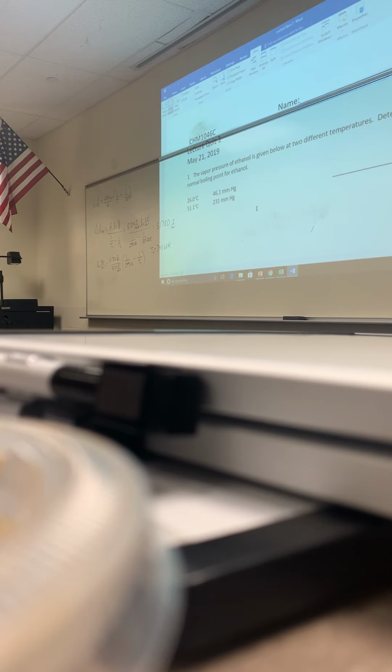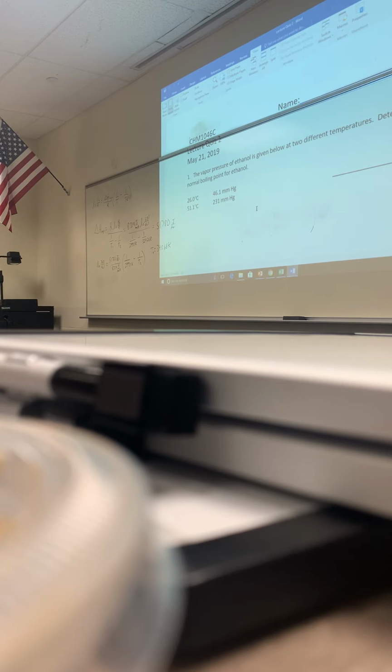Here's a potential test type question. Graphically, how could I go about finding heat of vaporization? If I wanted to do this graphically, which is what the homework intended for you to do, of course, how could you do it graphically? How you'll do it in the lab? What would you plot to find heat of vaporization? Good.